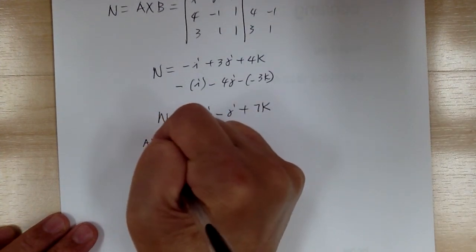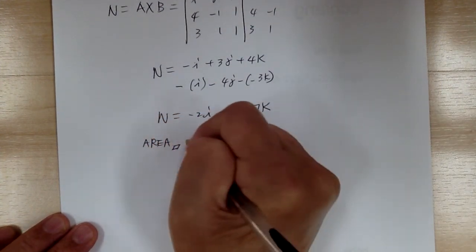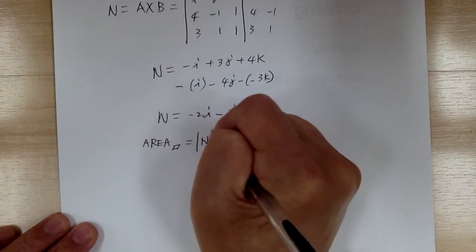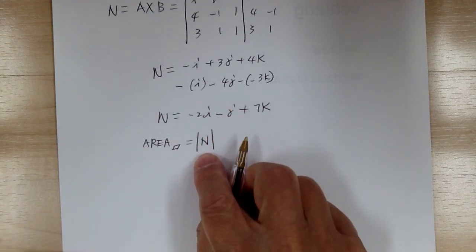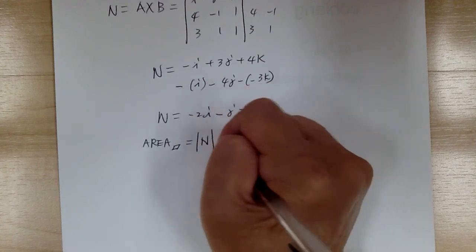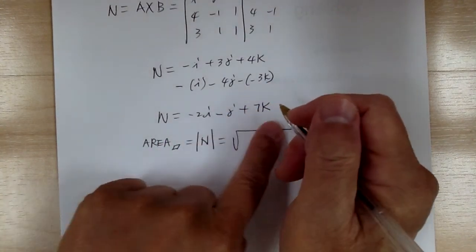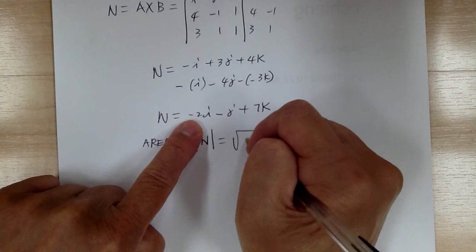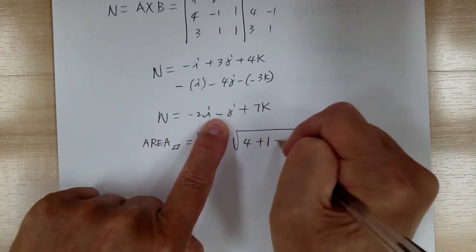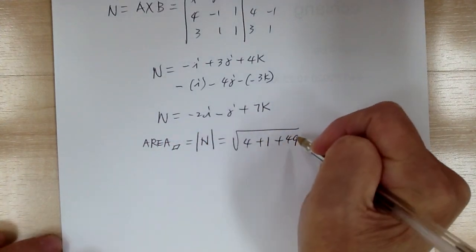So the area of the parallelogram will equal the magnitude or the length of this normal. So this will equal the square root of, now these are simple numbers, you can just go and square. So you're going to get 4 plus 1 plus 49.